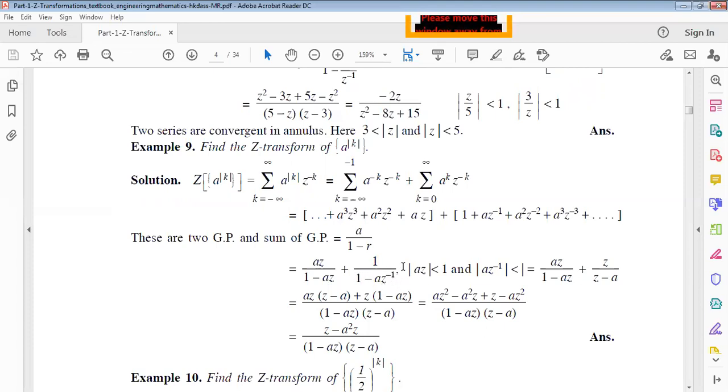Here az is less than 1 and az inverse is also less than 1 in absolute value, remember it. That means az lies between minus 1 and 1, and az inverse also lies between minus 1 and 1. So this can be written as az divided by 1 minus z plus z divided by z minus a.